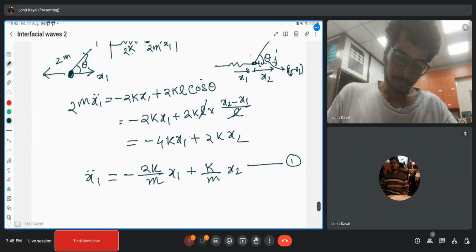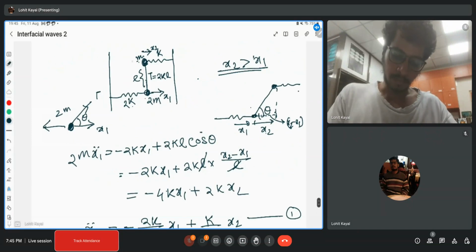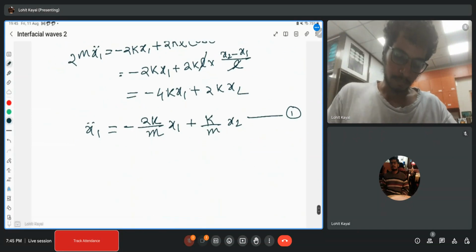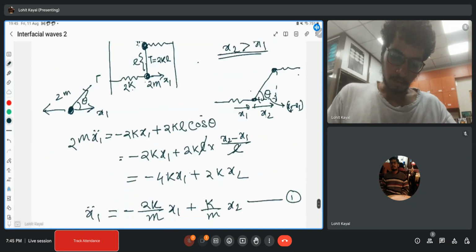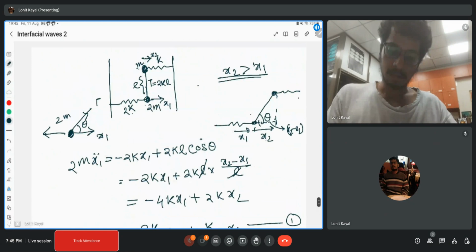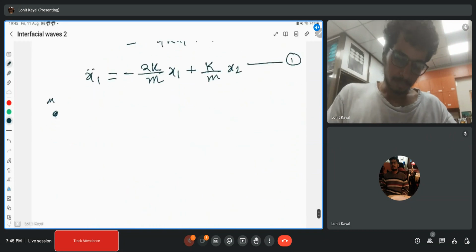So now for this mass m, what will be the force? Obviously, it is pushed in this direction, so the opposite amount of force will act here, and for this the tension will act in this direction. This was theta previously, so we know that this will also be theta.